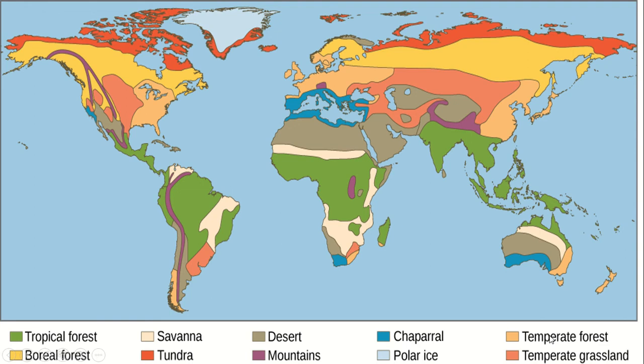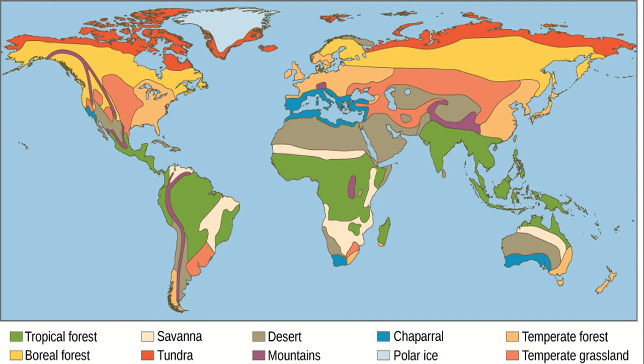So for example, the green colour here is showing tropical forest. You might have heard that known as rainforest. So anywhere that is shaded in green on this map, that is saying that if I was to go to that location, it would be a tropical forest ecosystem.